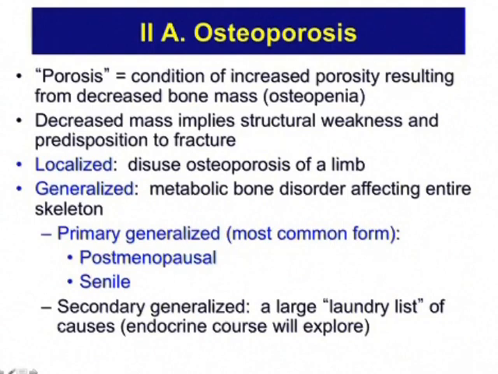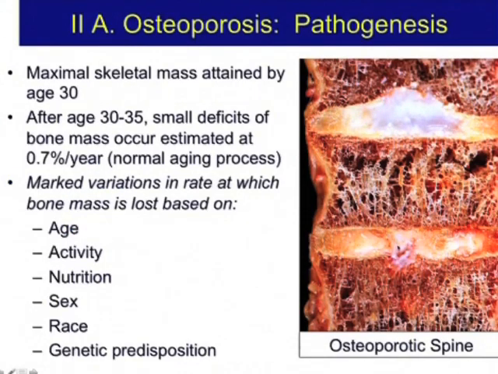And then the secondary osteoporosis, this refers to people who have a primary problem somewhere else, like hyperparathyroidism, for example, and because of that, they end up losing bone density. So you're going to get more of this as you go through your endocrine course. We're going to focus on this more common primary generalized form of osteoporosis.